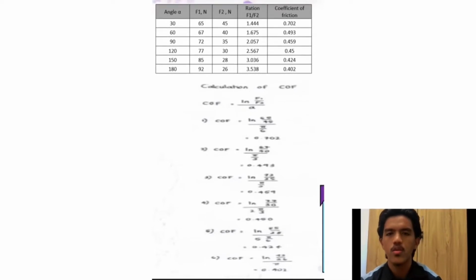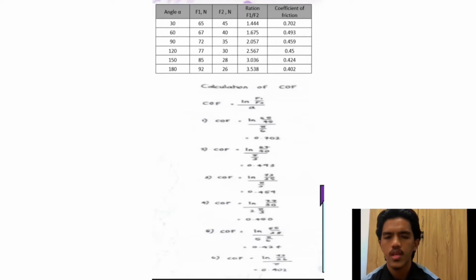I, Muhammad Amirul Bezamzuri, will present about the calculation and the result. In this lesson we have two experiments to be run. Experiment 1 is to find out the coefficient of friction using the Hem rule with varying angle. The formula for the coefficient of friction is the natural logarithm of the force ratio divided by the angle.